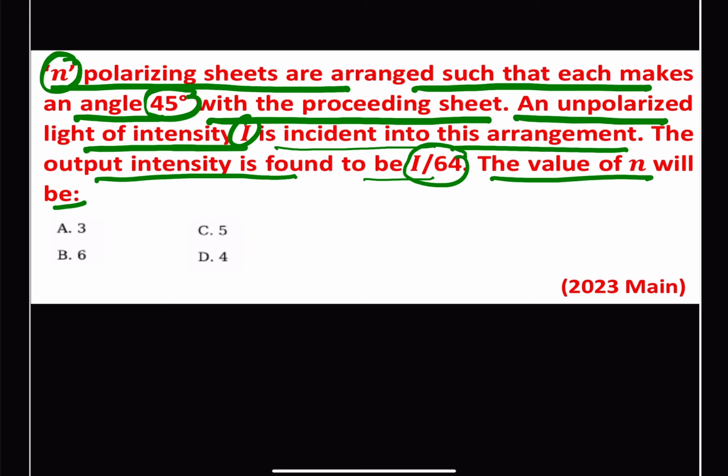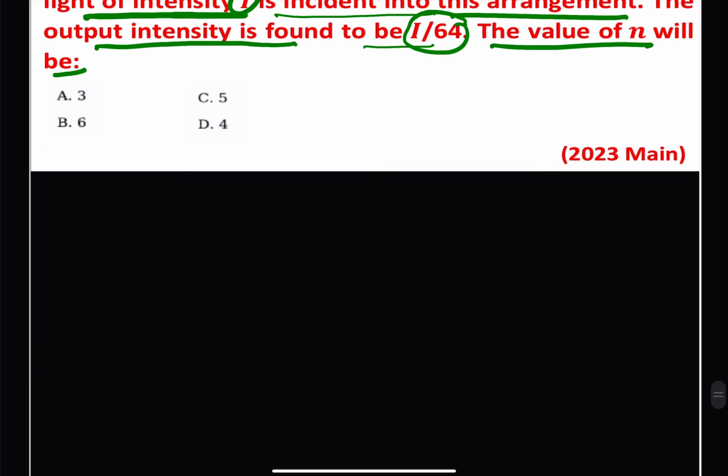So you can say for first sheet, that is our I1, will be equal to our I divided by 2.